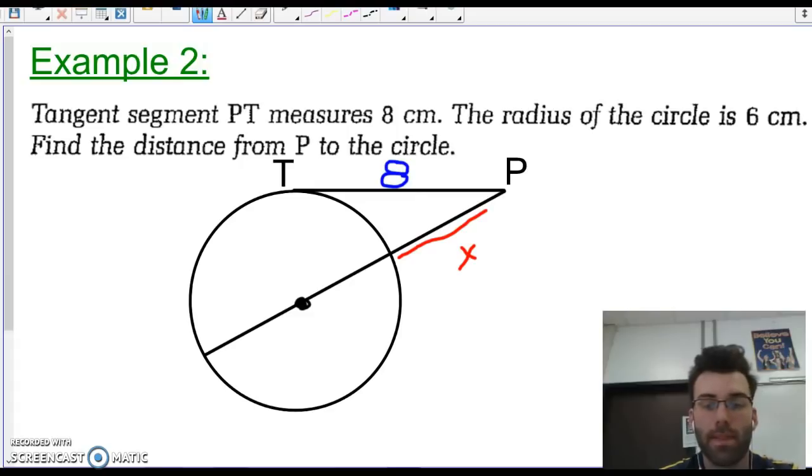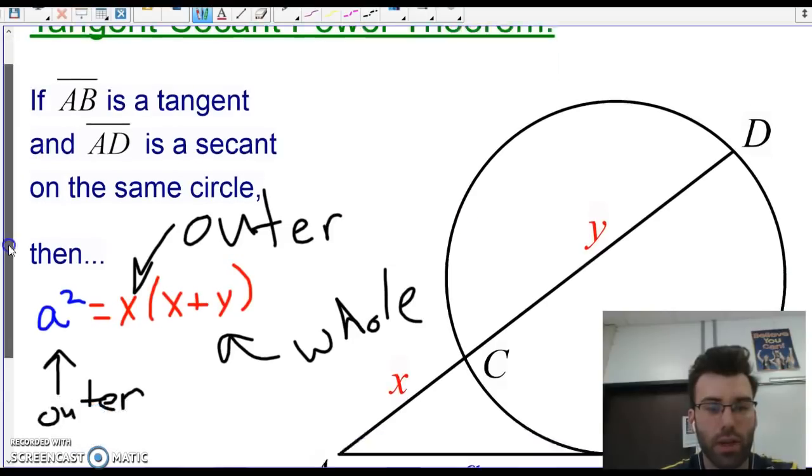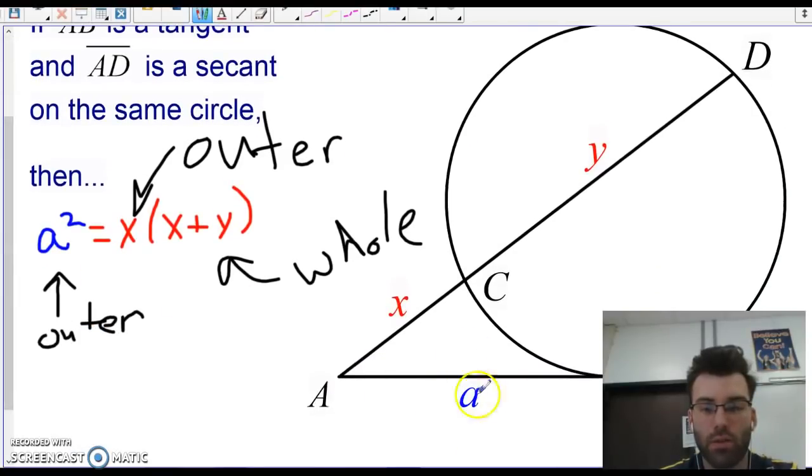And it says the radius of our circle is 6, so that tells us this secant goes through our center. So if this is 6 and 6, then this whole thing is 12. So we have a tangent secant. Tangent squared equals the outer part of your secant times your entire piece.